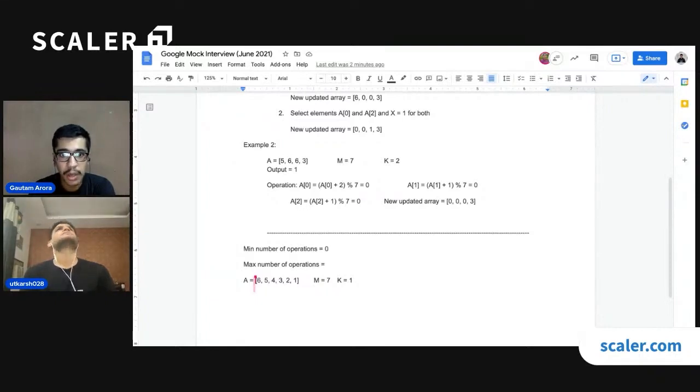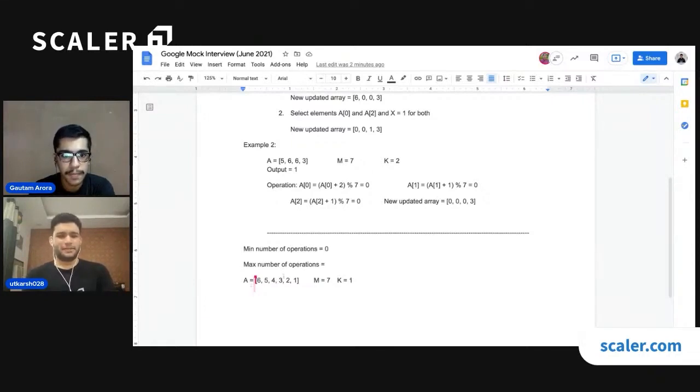In each operation I'll only select one element, that will increase my number of operations. Yes, but that will not be a good idea, right? Because our goal is to minimize the number of operations, would you prefer selecting one element at a time, or two elements if there is the option of two?